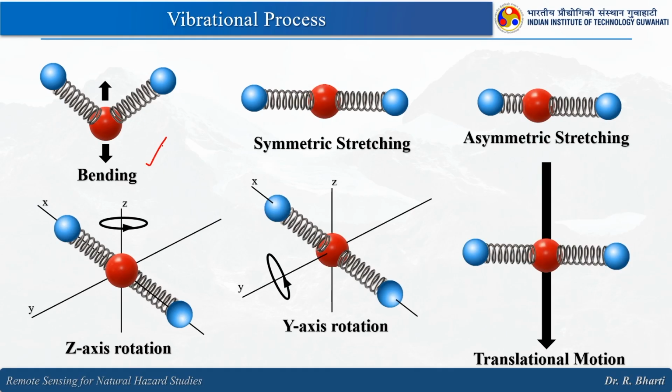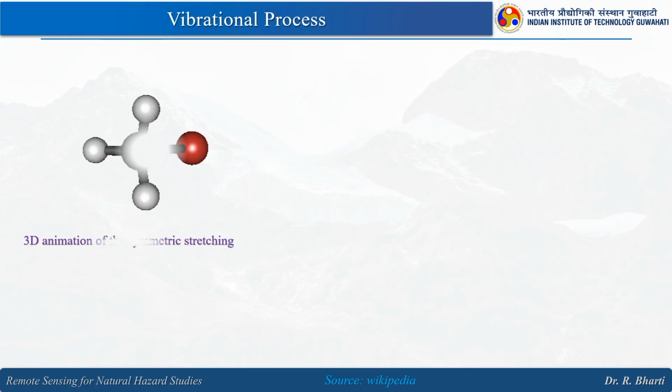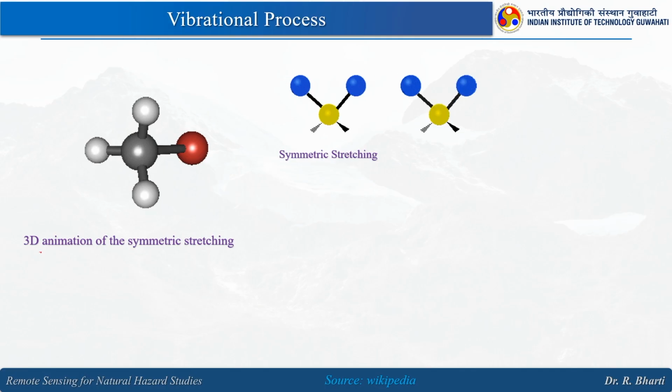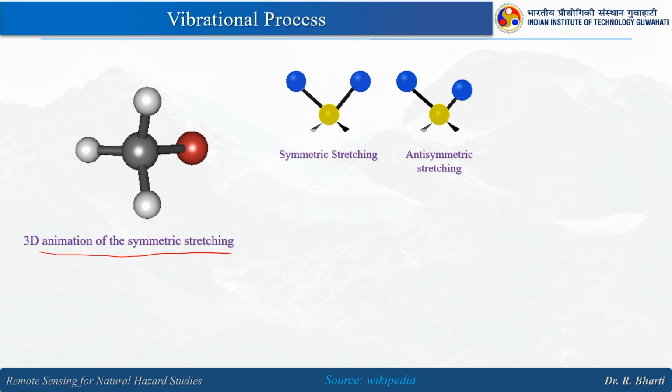Bending is possible. Here this is attached to these masses. Here this is symmetric, this is asymmetric. Here is z axis rotation, y axis rotation, translation motion. With an animation I will try to show you how they appear. So, a 3D animation of the symmetric stretching.